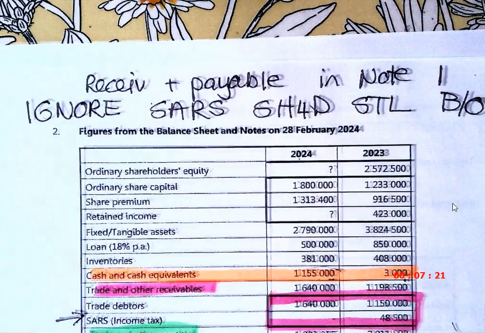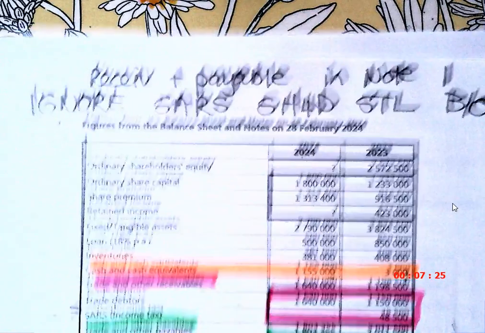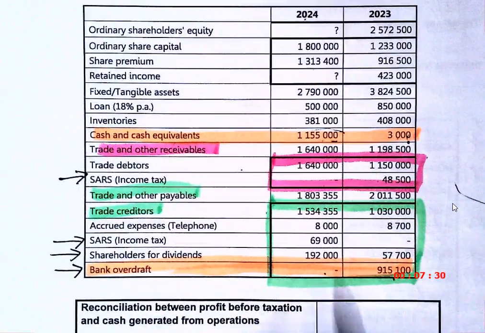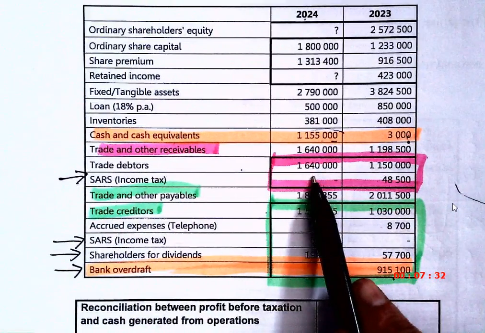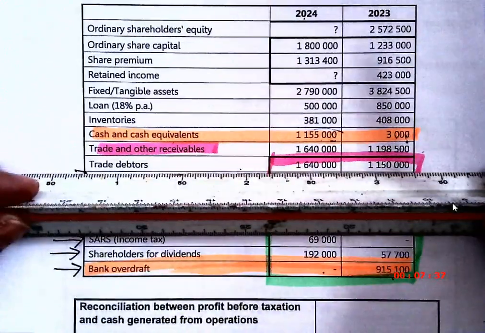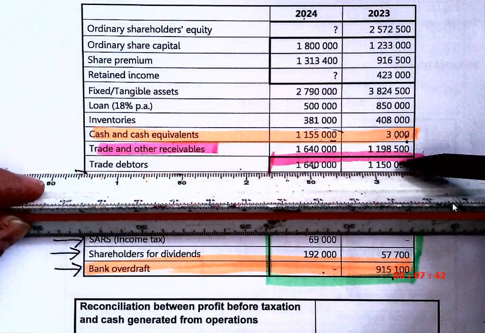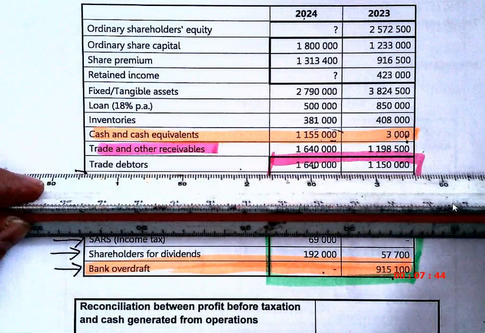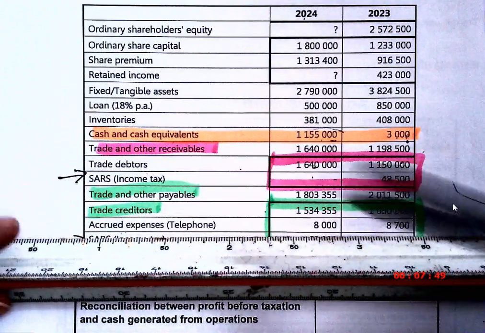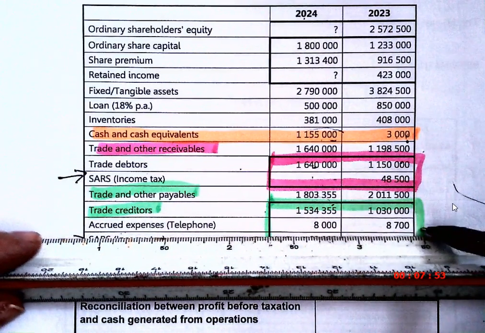In other words, let me show you receivables, just to show you what I mean. If I go here to receivables, can you see I've got debtors and such. So I have to ignore such. So I'm literally going to work on those amounts for trade debtors, those two. Okay? If I go to payables, I'm going to ignore those 3. So I'm going to work with the total of that and the total of that.